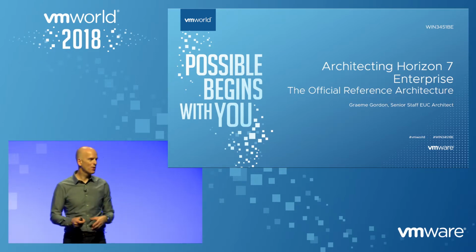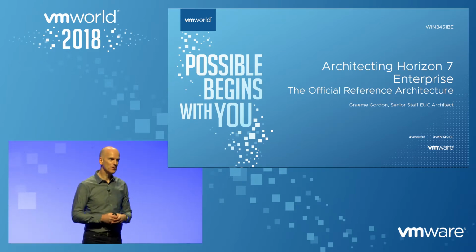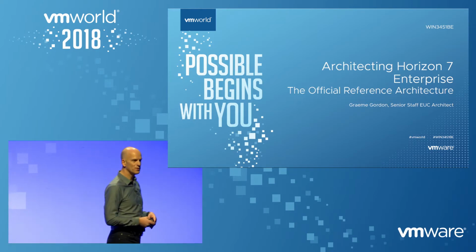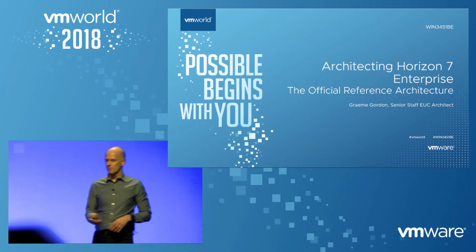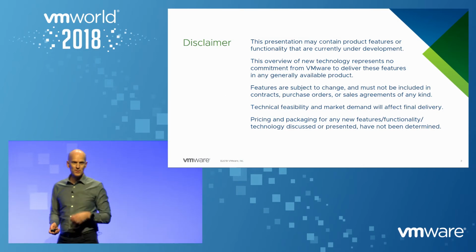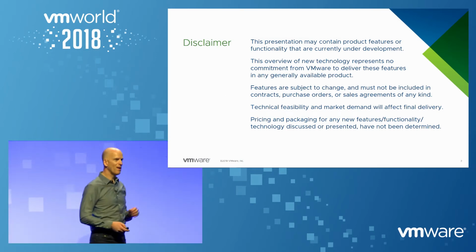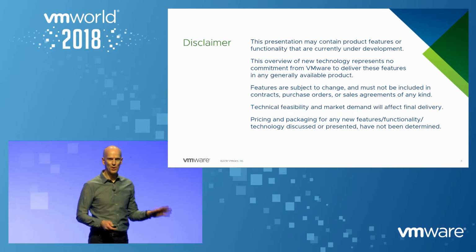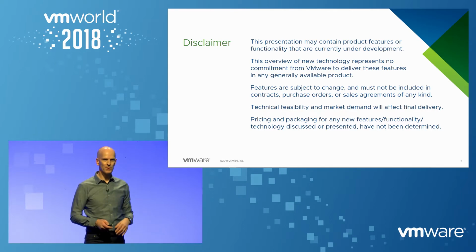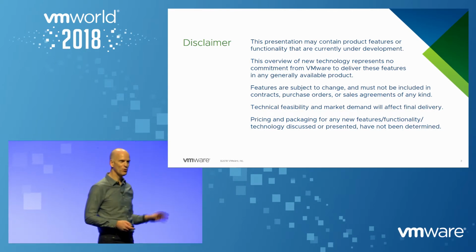So what we're going to do today is talk about Horizon reference architecture, how you architect all the different components in that, and how you approach it. The standard disclaimer, you're going to see lots and lots this week: everything we're going to talk about here is current. We only build reference architectures on release product. There's no point talking about futures and maybes.